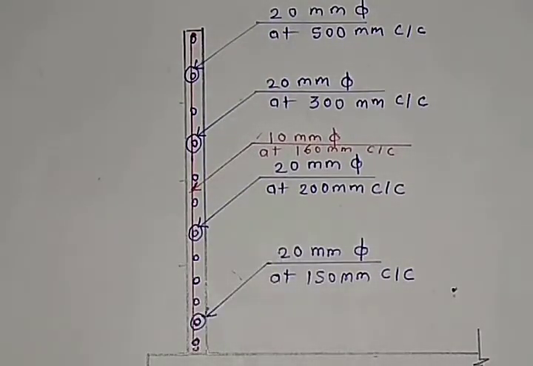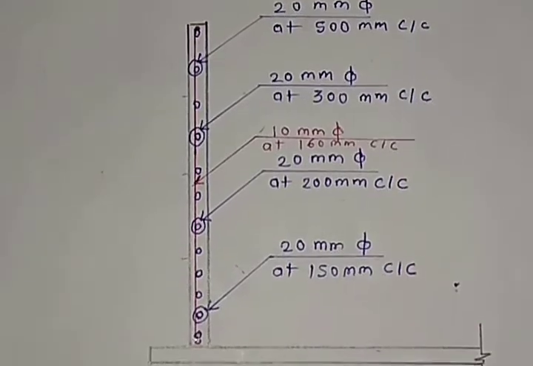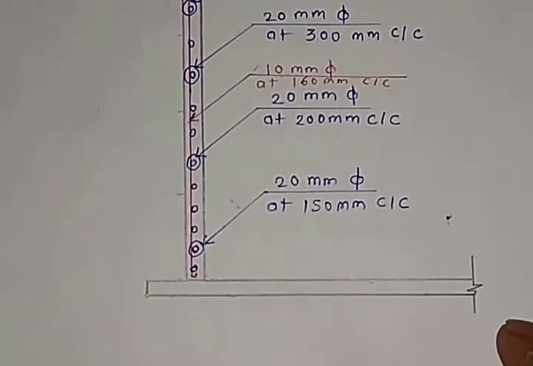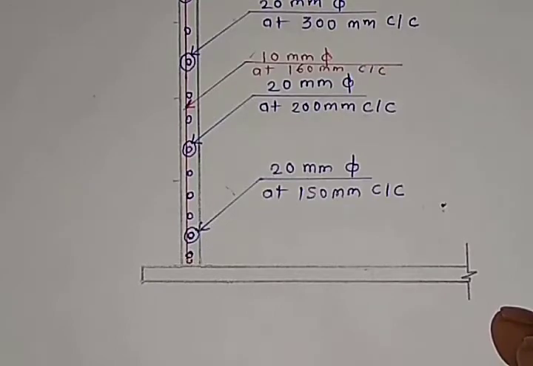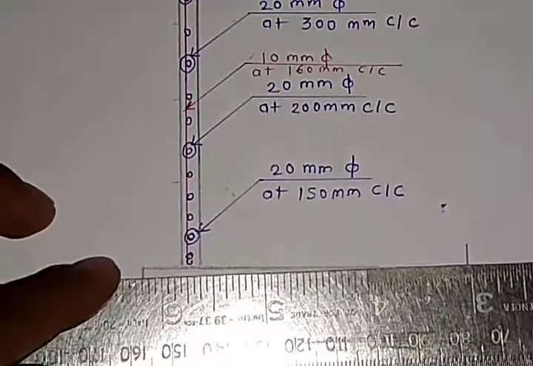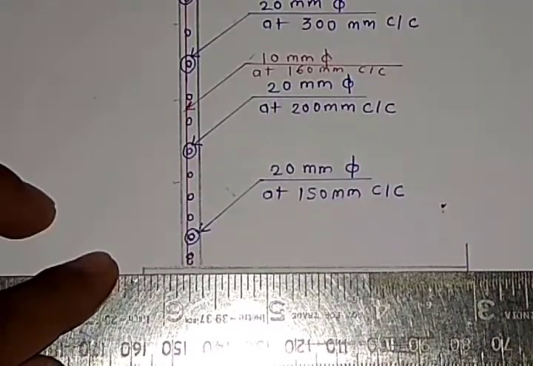So these are the reinforcement of the wall, and now we're going for the base slab. For the base slab, you can just show.